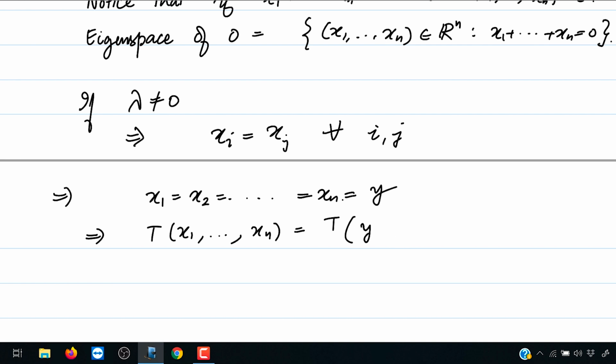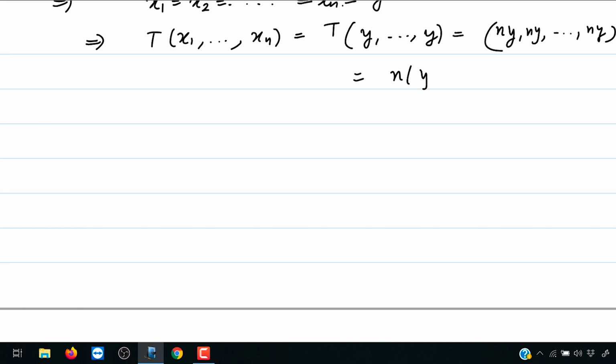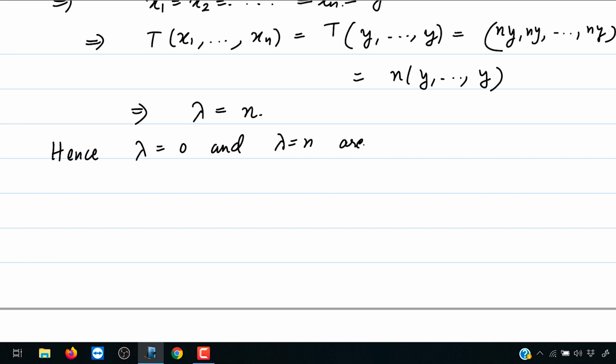This is equal to (y1 plus y1 plus y1 and so on), which is going to be (ny, up to ny), where n is the dimension of Rn, which is equal to n times y. So this gives that lambda is equal to n. So if lambda is not equal to 0, lambda is forced to be equal to n. So hence lambda equal to 0 and lambda equal to n are the only eigenvalues of T.